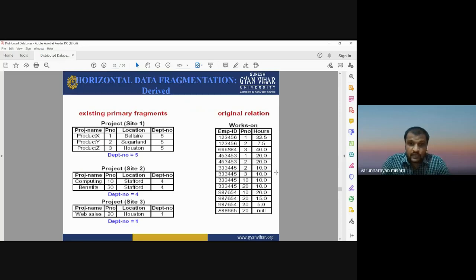The original relation has the works on, employee ID and the hours, how much working hours an employee has, with different employee IDs. So this is the derived kind of segmentation for the horizontal data.